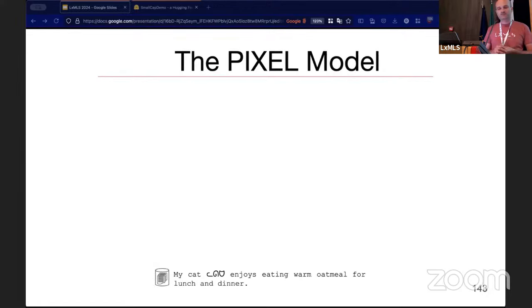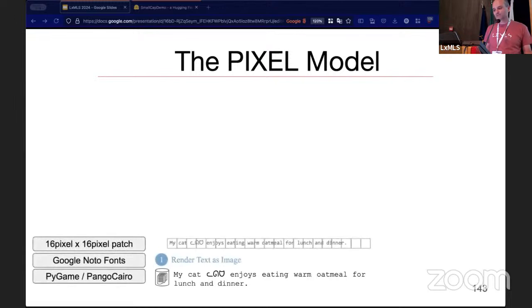The way that this works is that we have a collection of data on disk. For example, "my cat, weird sequence of symbols, enjoys eating warm oatmeal for lunch and dinner." We use open source font libraries, for example, Google Noto and then Pango Cairo, to render this text into an image. And you can see these are patches.